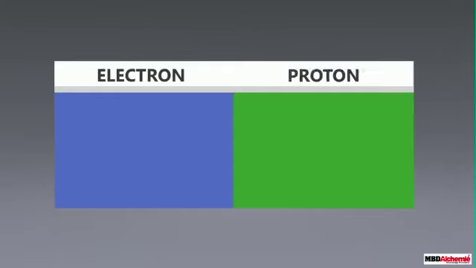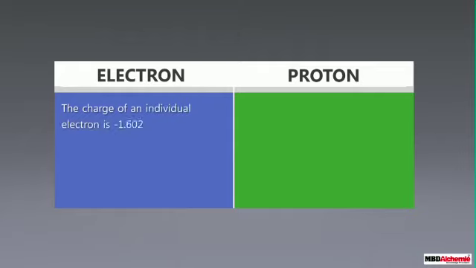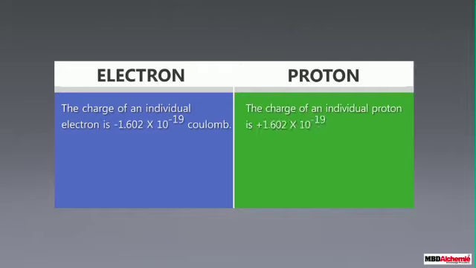Let us now compare some of the features of these particles. The charge of an individual electron is minus 1.602 into 10 raised to the power minus 19 coulomb, whereas it is plus 1.602 into 10 raised to the power minus 19 coulomb for protons.